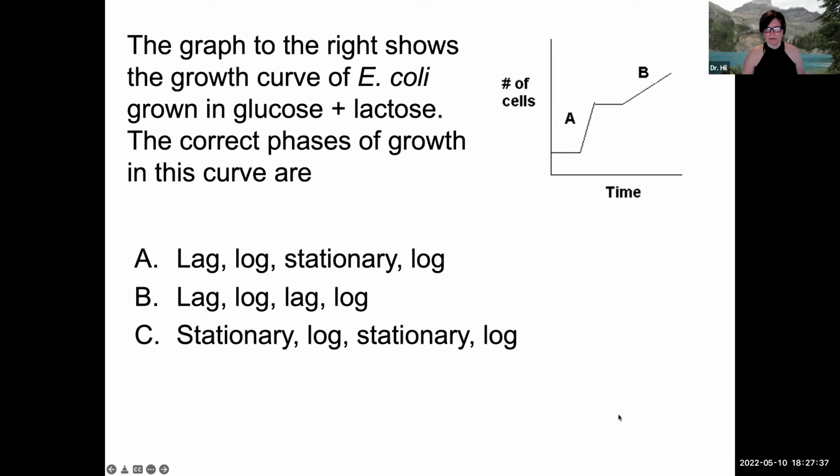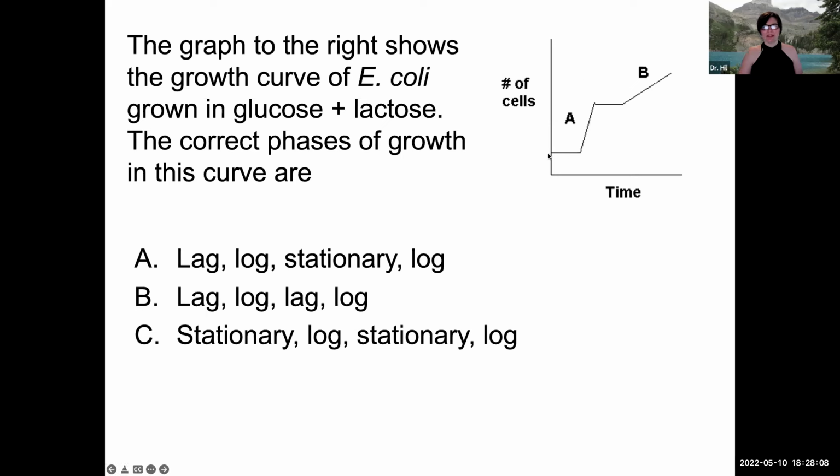What do you think? Great. So we have guesses all over the spectrum. Okay. Let's talk about it.